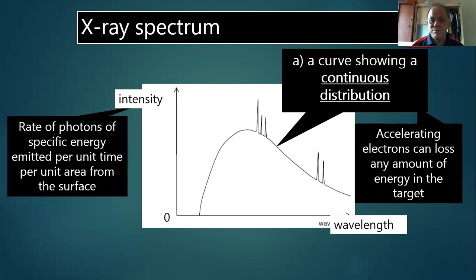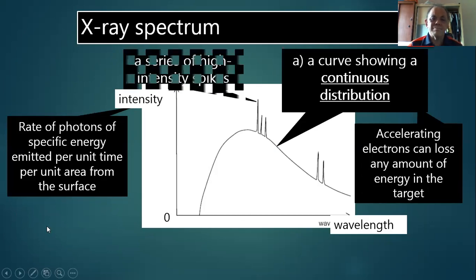When the accelerating electron hits the target and decelerates, it gives out energy. It doesn't have to give out all. It can give out different amounts as it wants. So that's why we observe this particular shape, continuous distribution. It gives out energy at different wavelengths, so largest at this wavelength. Okay. So these are all experimental observations.